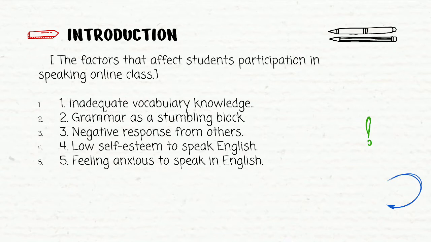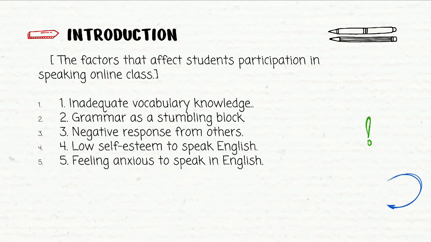Number two is grammar as a stumbling block. In speaking, sometimes students are also afraid to make pronunciation mistakes in their grammar. In fact, that can certainly be understood because they are still practicing and mistakes are not a bad thing.